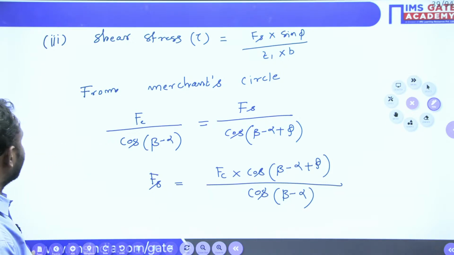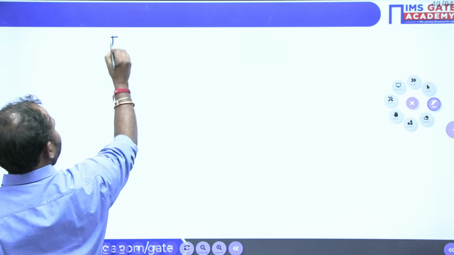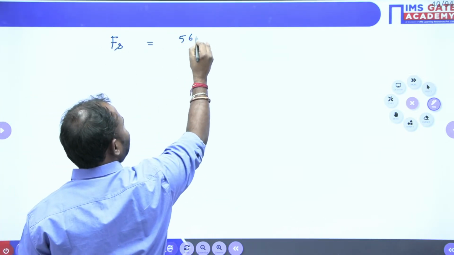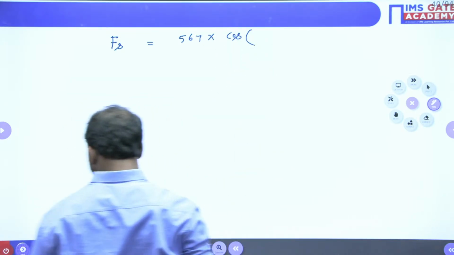Now shear force is equal to Fc. Fc is how much? 567, na? 567 into cos of beta. How much did we get for beta?